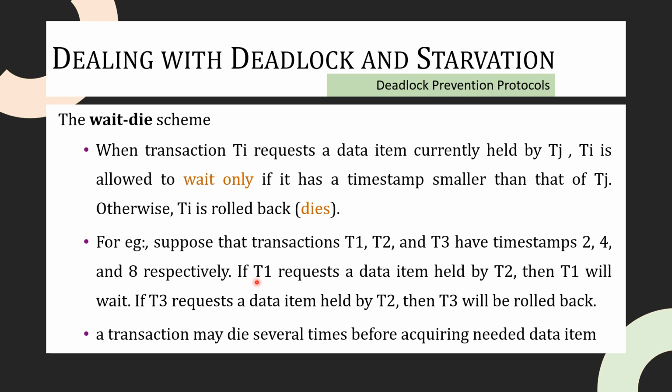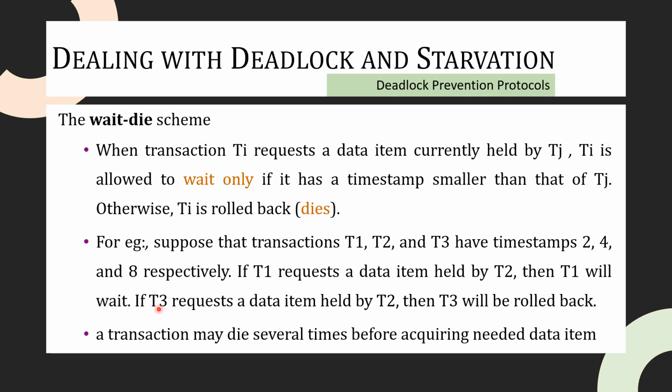If T1 requests a data item held by T2, then T1 will wait, because T1 has a timestamp smaller than that of T2. T2 has the timestamp 4 and T1 has the timestamp 2, so T1 will wait.